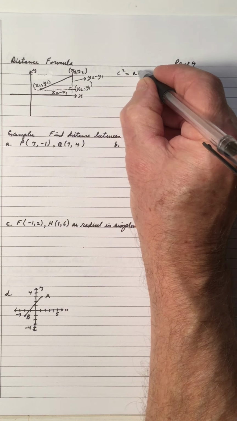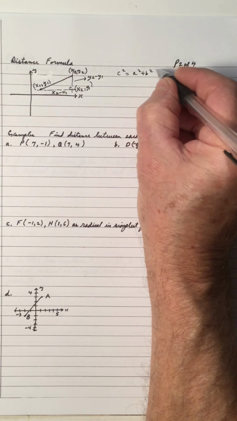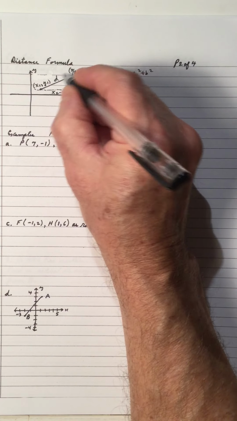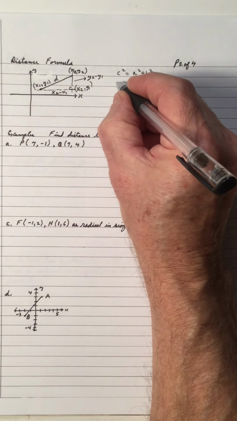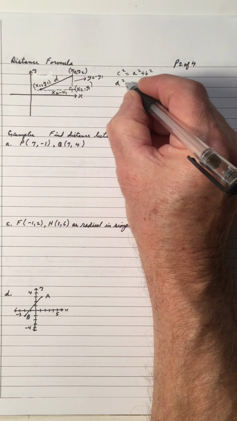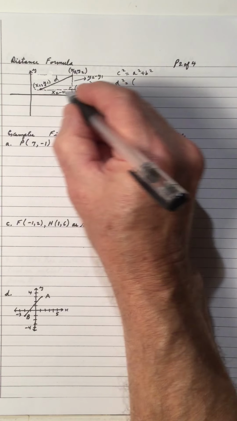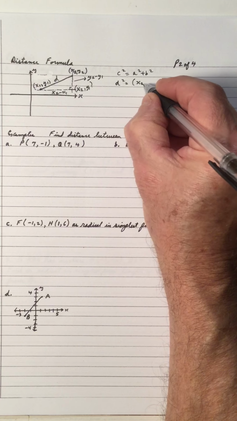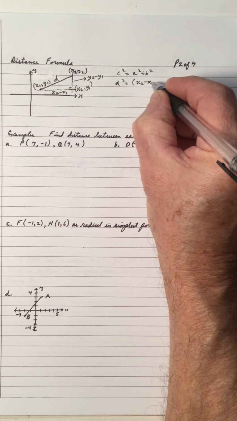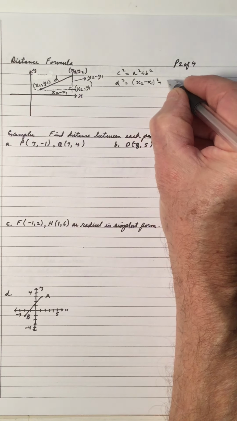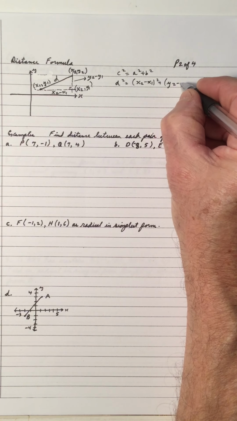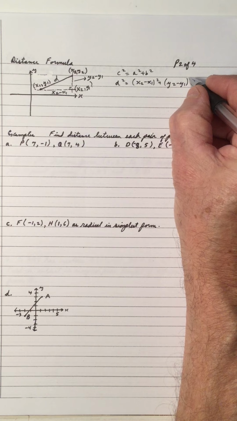C squared is a squared plus b squared. And we let C be the distance from one point to another, so d squared, and let the a be the x's or the y's, it makes no difference, x2 minus x1, and the b be the difference in the y's, y2 minus y1.